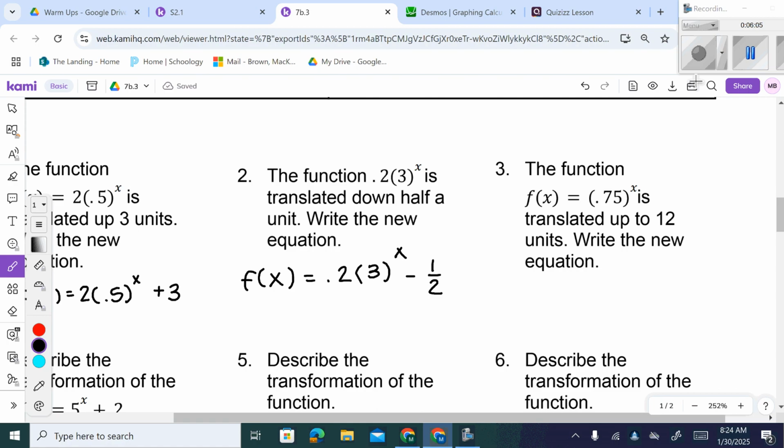Number 3, I want you to write it in your group. This is your original function, and it's translated up 12. Write what your new function would be. F of x equals... write down what your new function would be. Think about how it would move. This has got to stay the same.